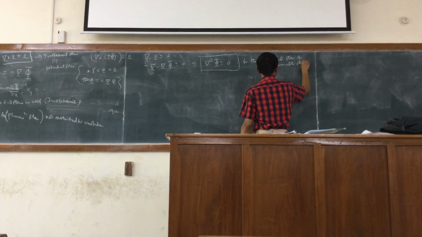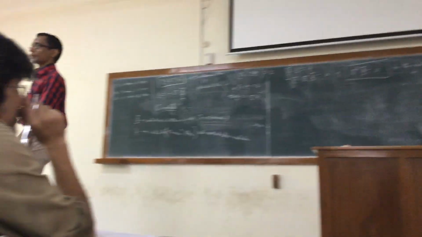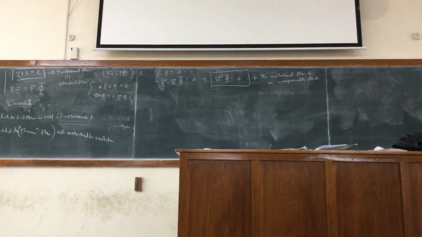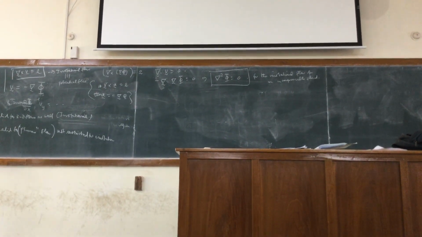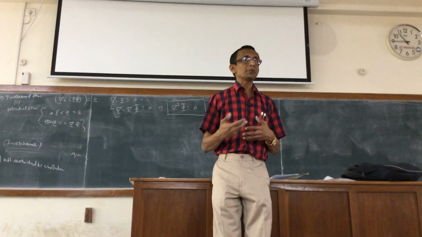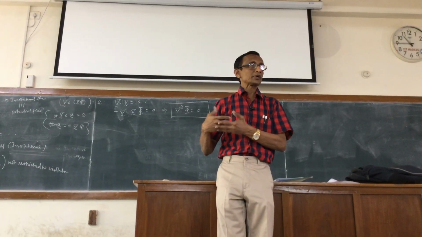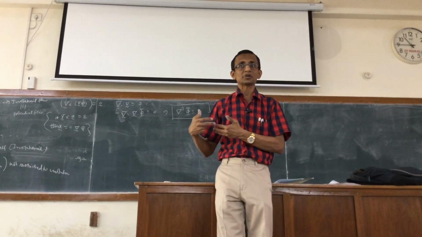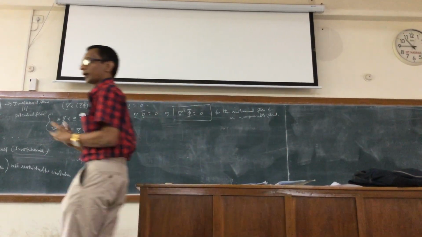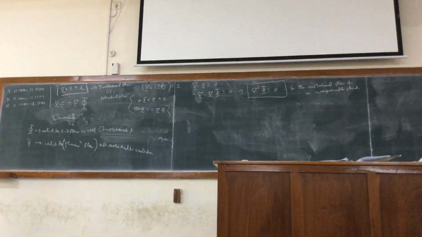Because it is expressed in terms of the Laplacian, the advantage of this equation is as follows. Suppose, for instance, for the planar flow involving the stream function, we saw that in Cartesian coordinates for steady creeping flow, the equation to be satisfied by the stream function is the Laplacian squared, the gradient power 4 operator acting on psi.